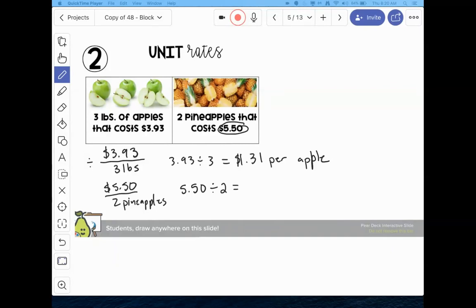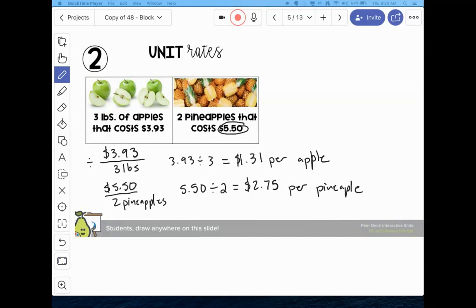Let's do that. So $5.50 divided by 2, and we get $2.75 per pineapple. So now when we look at this, what do you think is the better deal? Oh, but I spelled pineapple wrong, but we're going to survive with that one.